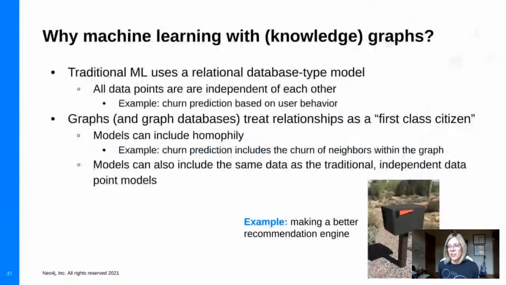Okay, so machine learning on graphs. Why would we do this? I like to give this example. You see the mailbox in the corner. We talked about making recommendation engines. I live in a fairly rural area in the mountains. There is a big hardware store near me. I built the house. Well, I didn't personally build, but I had somebody build my house.